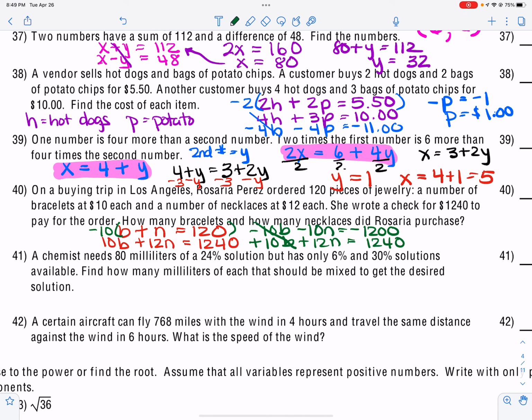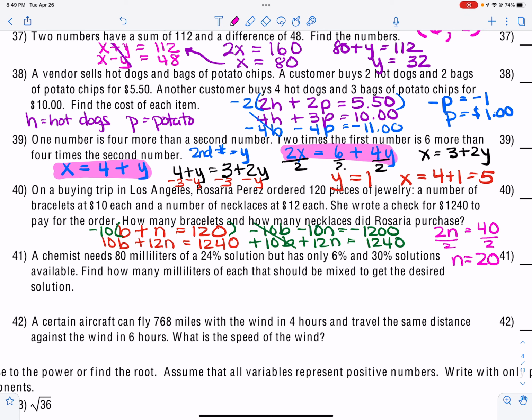And so these are going to eliminate. And negative 10n plus 12n makes 2n. And negative 1200 plus 1240 makes positive 40. And then I divide by 2. And so the number of necklaces is 20.